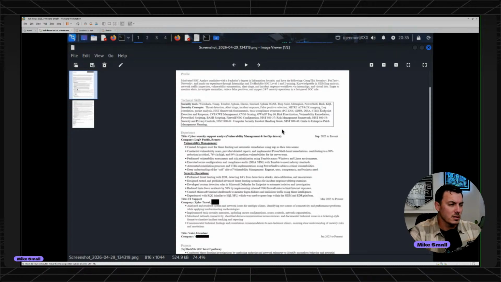Now, let's see. I would also put some hard skills in here if you have them. So you have things like threat detection, alert triage, incident response, false positive reduction. A lot of these are just words you're putting in here. They're not actually major things that people would look for, I would say.